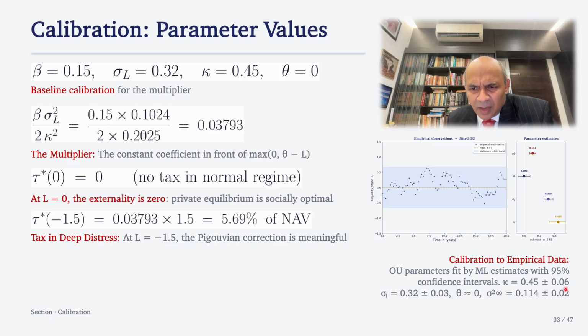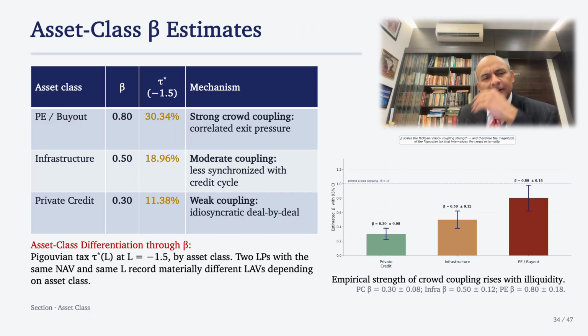So we've got kappa 0.45 plus minus 0.06, sigma_L 0.32 plus minus 0.03, theta is 0, and sigma squared, the stationary variance, is 0.114 plus minus 0.02. Asset class differentiation through beta: you can see different asset classes, and that will represent different Pigouvian taxes as well.